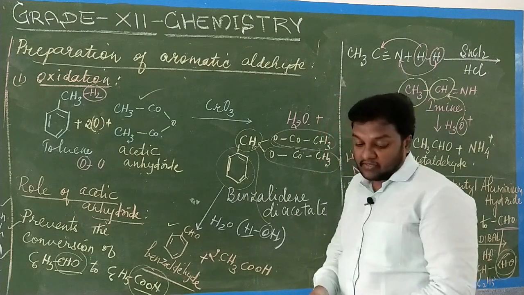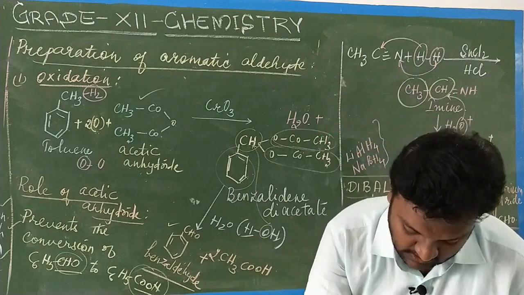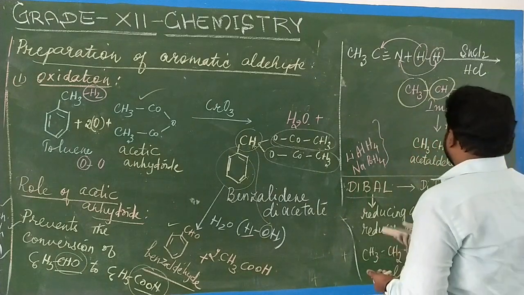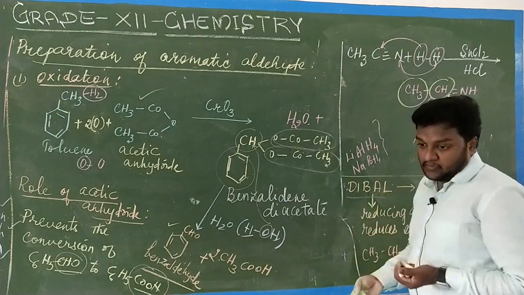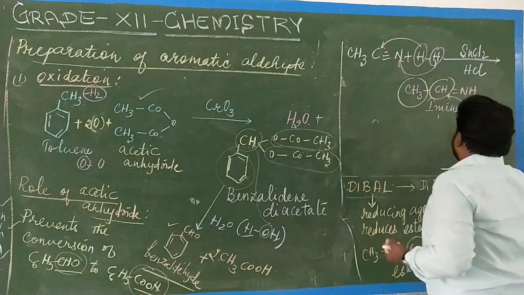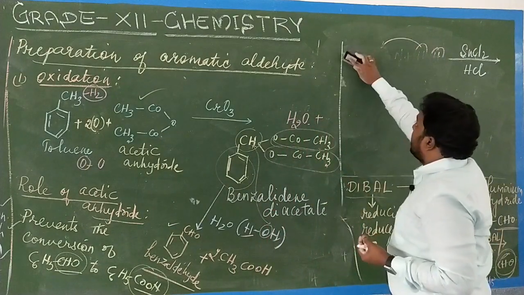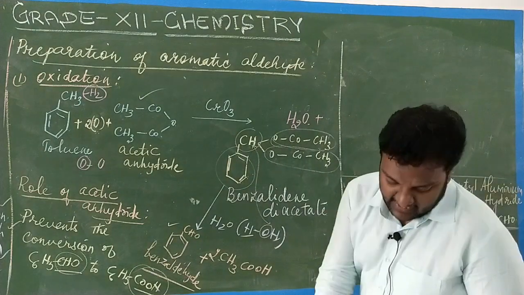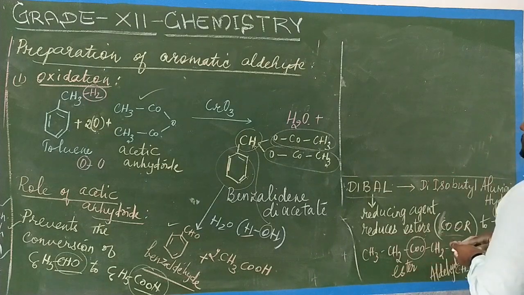Next one what we have is the Etard reaction. What is the next reaction we have? That is the Etard reaction. Now we will see that. For the Etard reaction also we have to take toluene, treated with chromyl chloride.